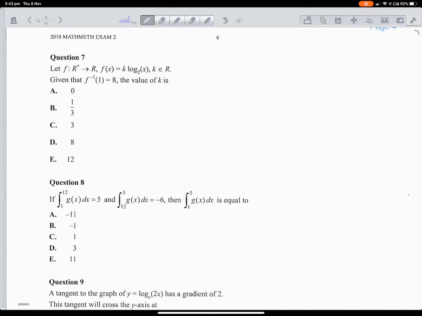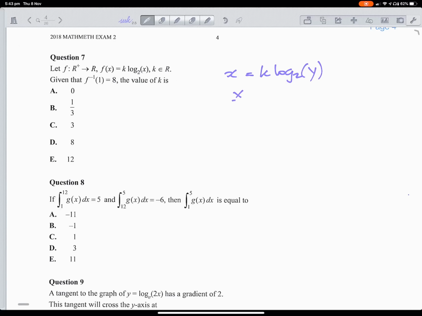Okay, let that function be that. So k log 2 of x. K is a real number. Given that f inverse of 1 equals 8, find the value of k. So let's find f inverse. x equals k log 2 of y.